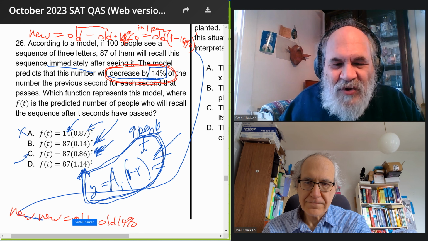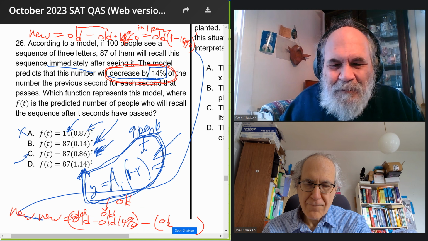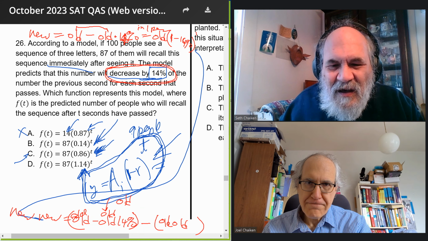This is the old, and this is the old. And then the new is the old, the same thing, times 14% is what's subtracted.